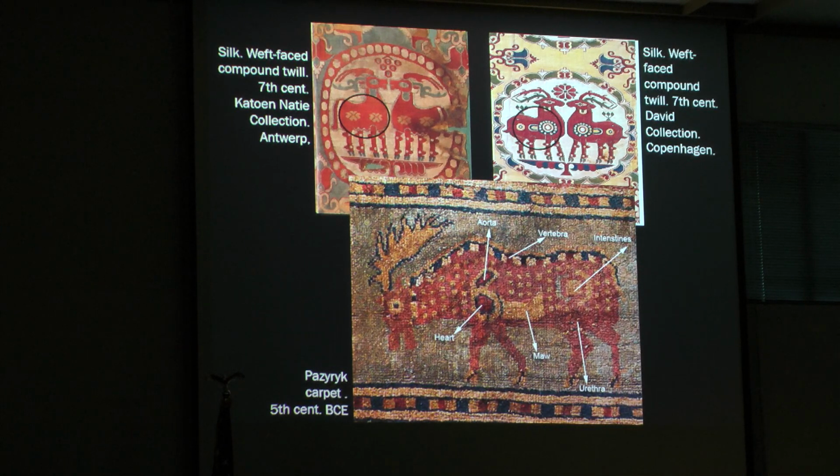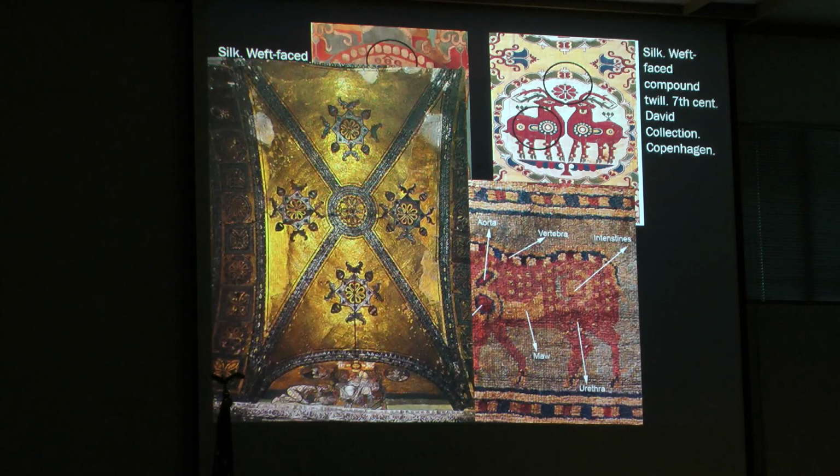We can find multiple combinations and variations of these small details, like also the grape or the rosette, which interestingly appear repeated also on the Byzantine mosaic ceiling in Hagia Sophia in Istanbul, dated to the 6th century. That is also the time when Byzantium most likely began its own production of silk.